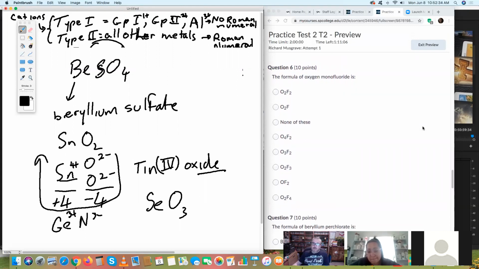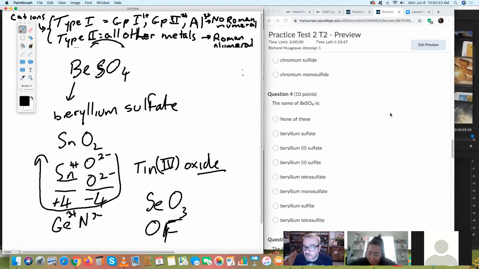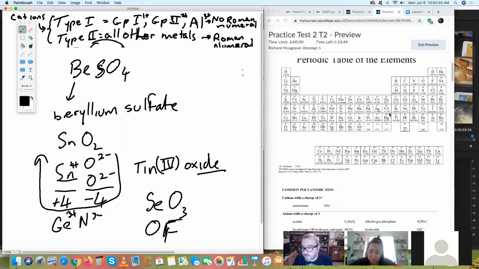Right. So if we've got oxygen monofluoride, we know it's going to be 1 O and 1 F. So the answer would be OF, which I don't think is listed there. Again, we know we're dealing with two nonmetals because we got here and here.